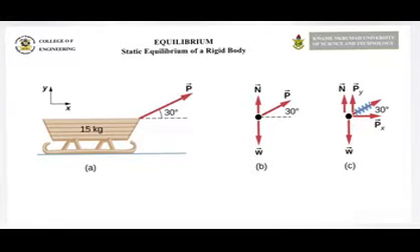Mass is known and gravity is also known. Therefore, you multiply the mass by the gravity to get the weight. The force acting on the body P is being shown there at an angle of 30 degrees. At point C, we resolve the force P to the x-axis and also to the y-axis at an angle of 30 degrees.